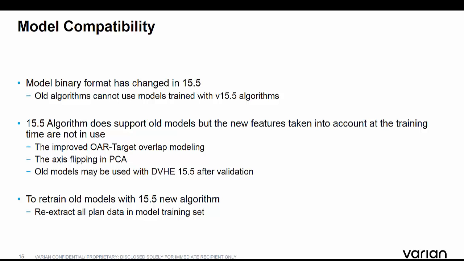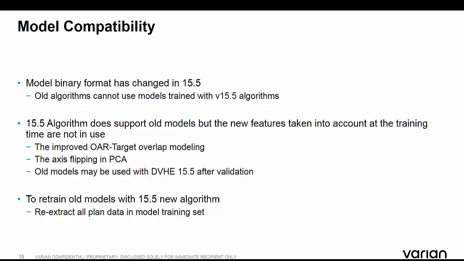The model configuration workspace supports DVH estimation algorithm 15.5 only, whereas photon optimization supports two versions of the DVH estimation algorithm, version 15.5 and the previous version.